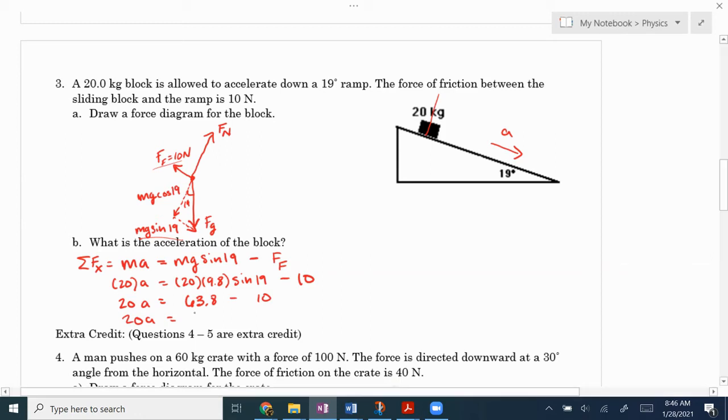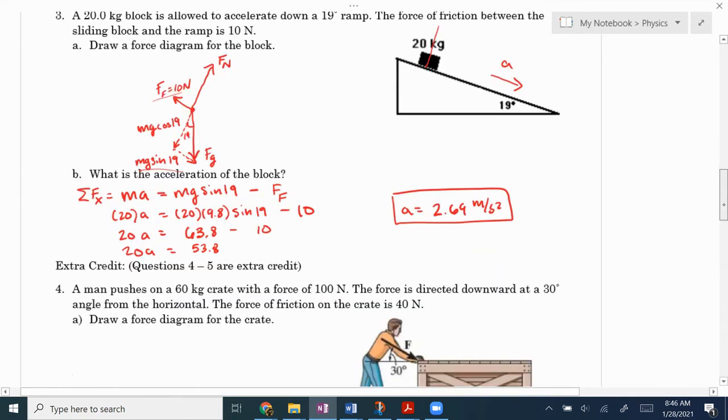Obviously, that's going to give you 53.8. And then divide by the 20, you're going to get that your acceleration is 2.69 meters per second squared. All right.